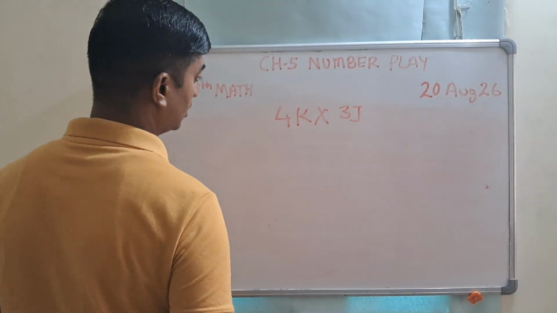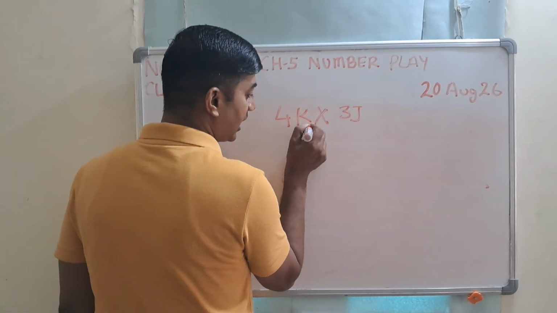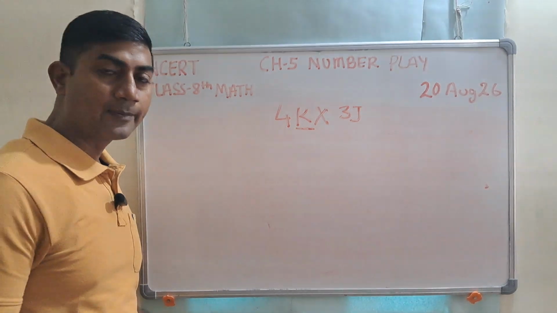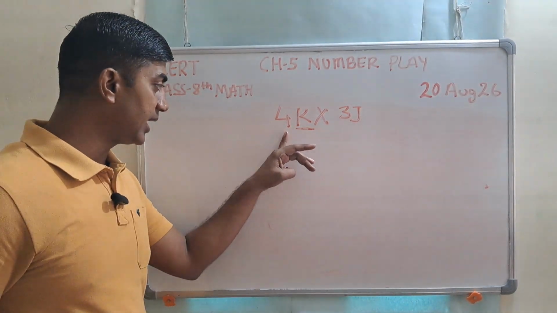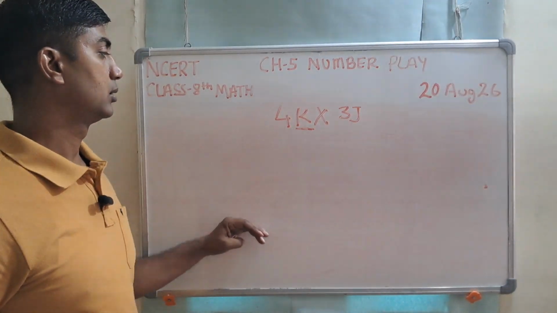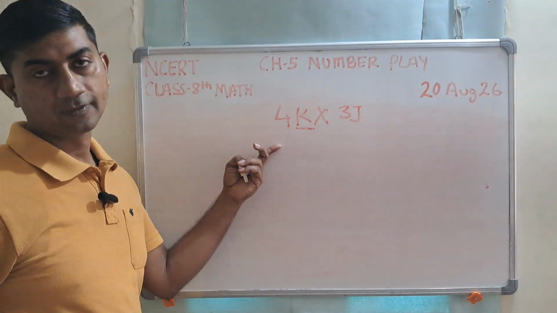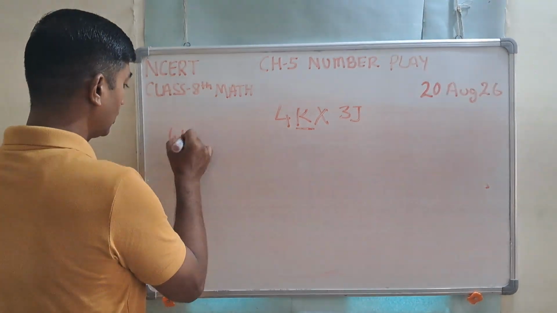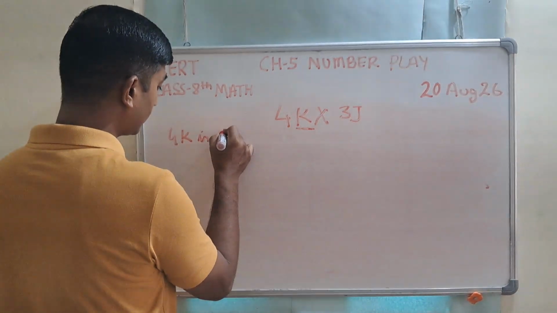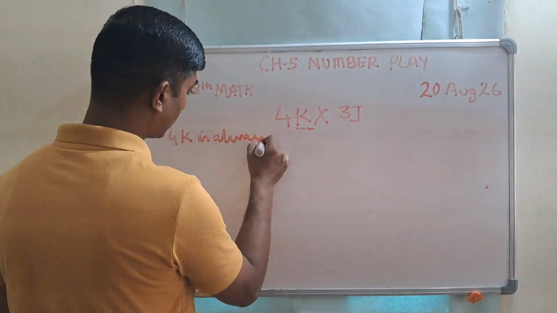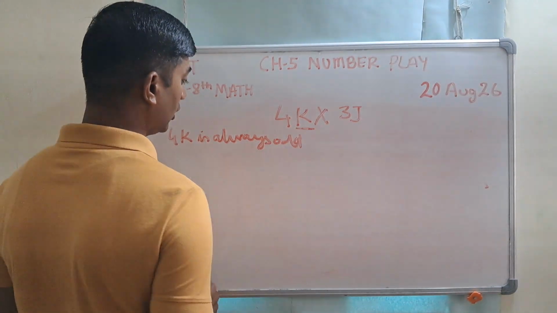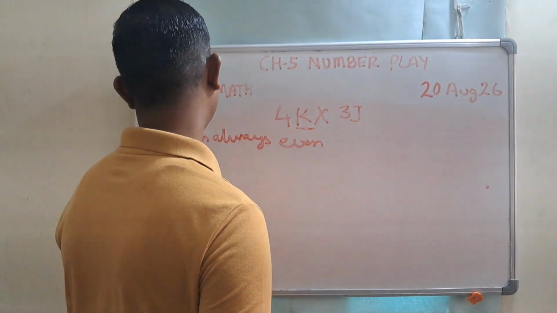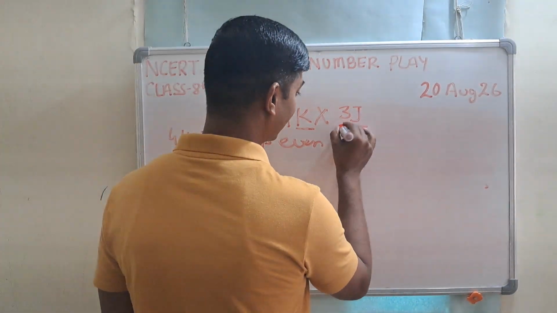Now k has any value. If k has any value, whether even or odd, when it is multiplied by an even number, you will get the result always even. So 4k is always even. Understood? Now we will see 3j.